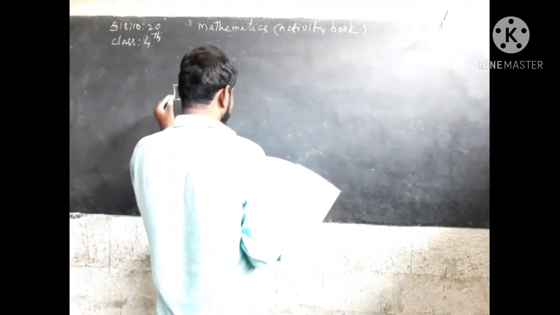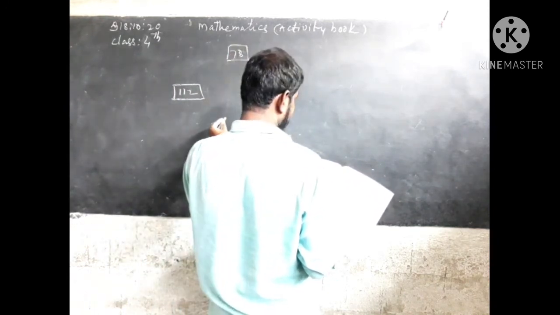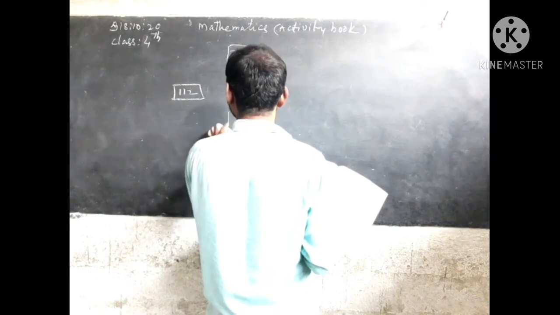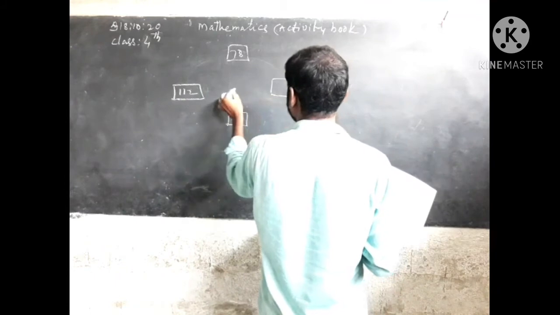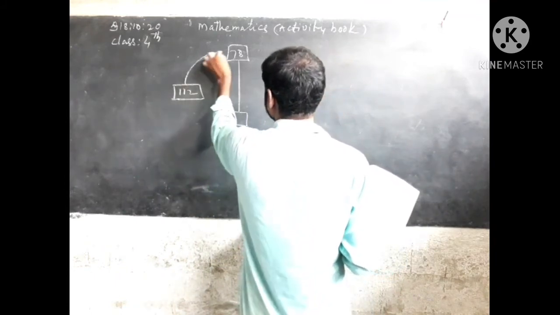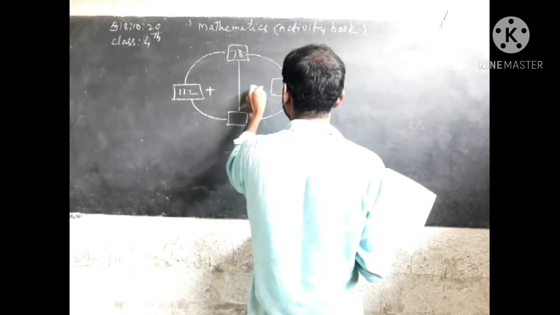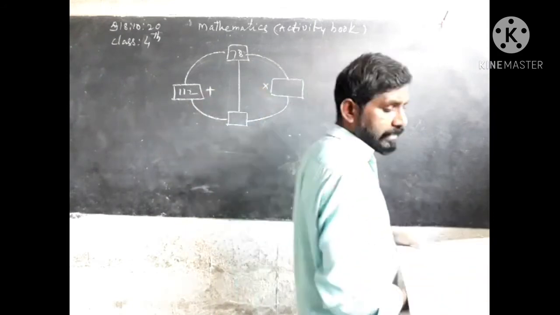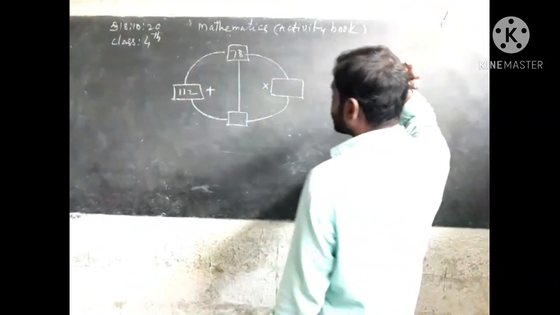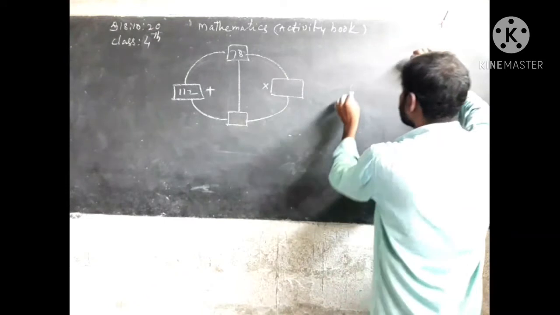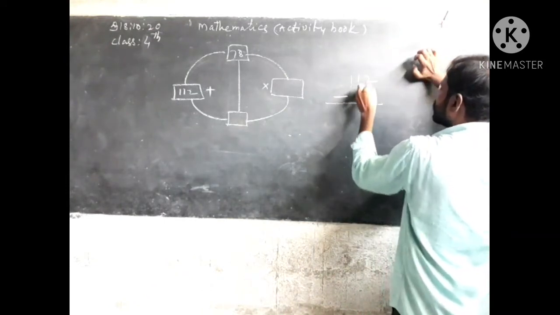112, 78. See here, 78 is subtracted from 112, you can get this answer. 112 minus 78. 2 minus 8 possible?